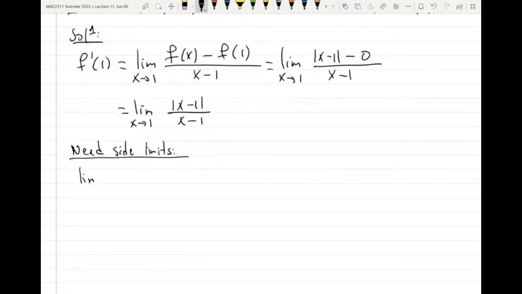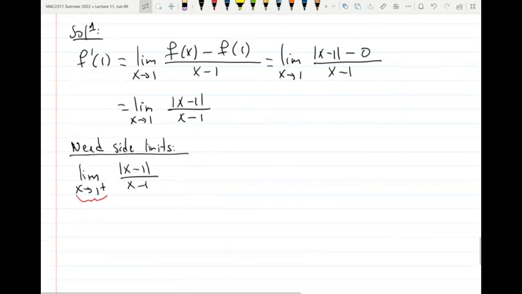All right, so from the right, what do we know about x here? x is bigger than 1. And remember, we are interested in x minus 1. So what can we say about x minus 1? It's greater than 0.